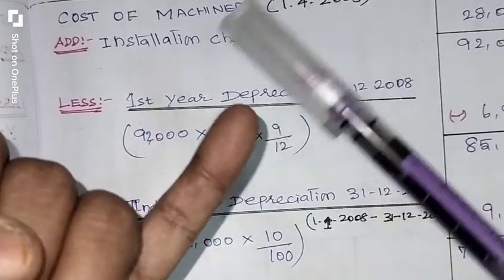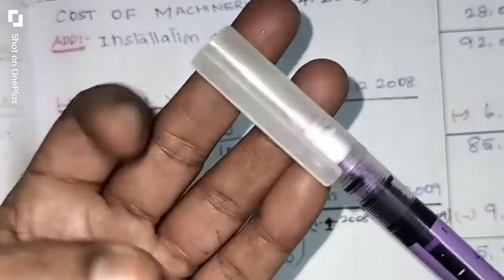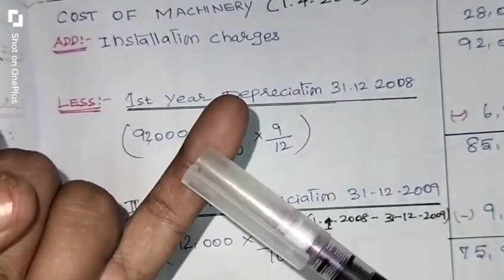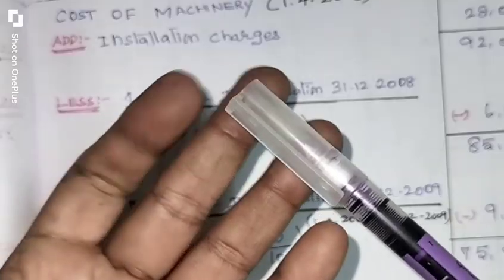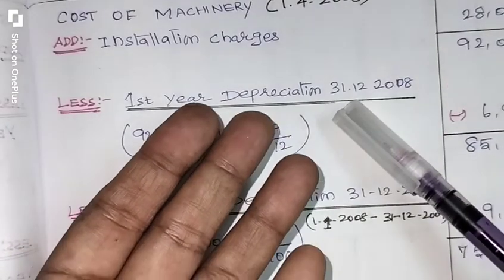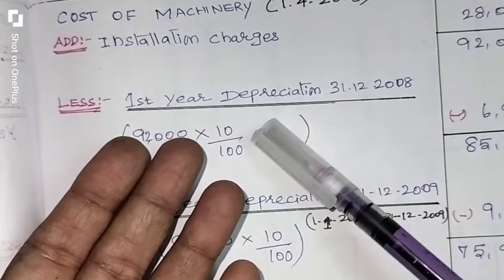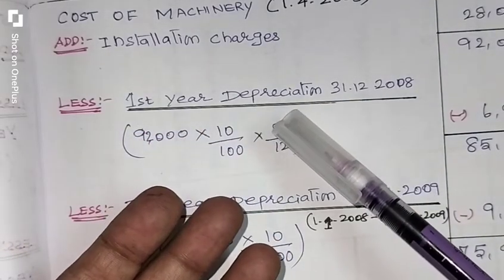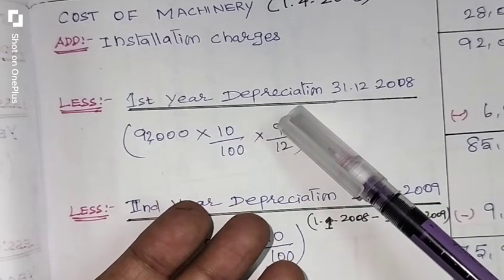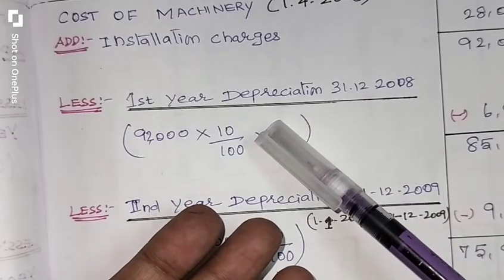So April, May, June, July, August, September, October, November and December. 31st/12 means up to December. How many months? 9 months out of 12. The depreciation accounting period is 9 months.